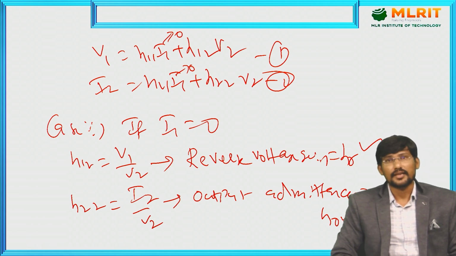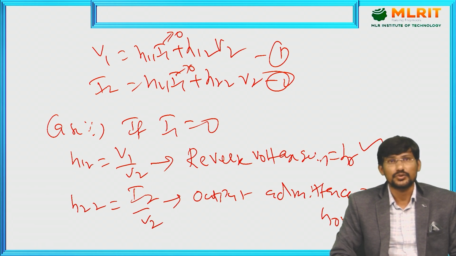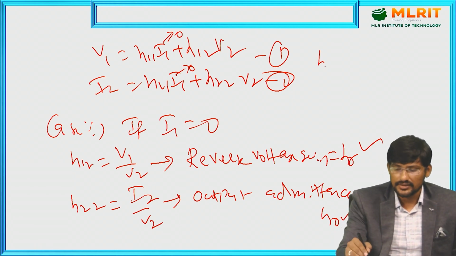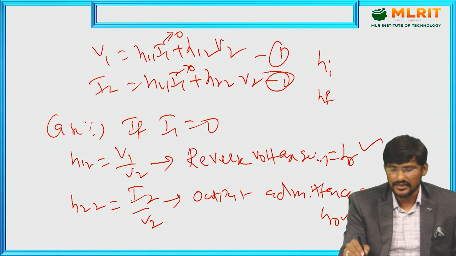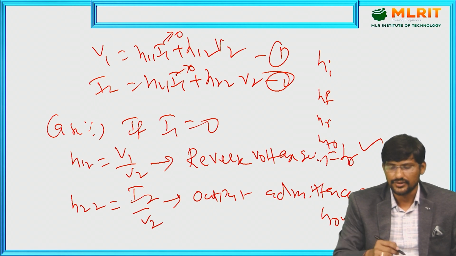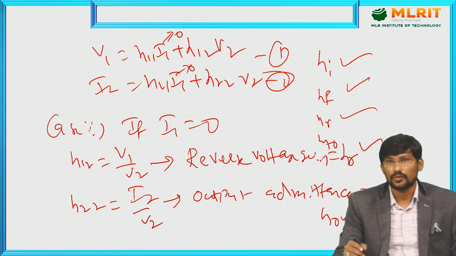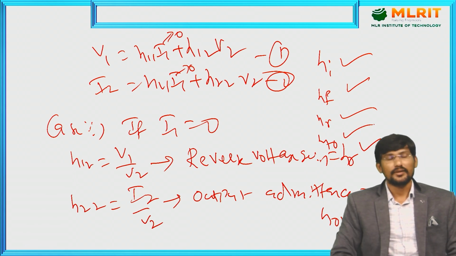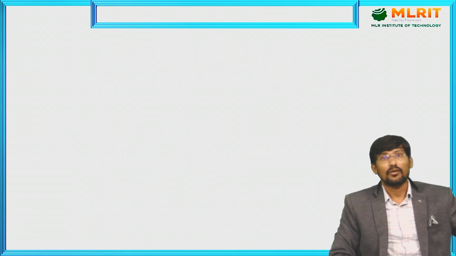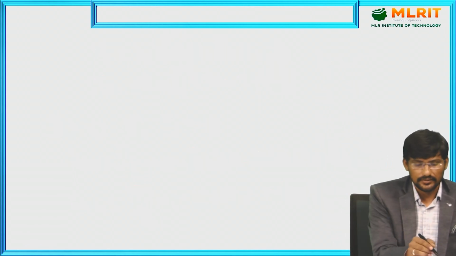Let me model the circuit with the help of these 2 equations. You remember these 4 parameters: HI is input impedance, HF is forward current gain, HR is reverse voltage gain and H0 is output admittance. Let me go on to the H parameter model of the transistor with the equations.